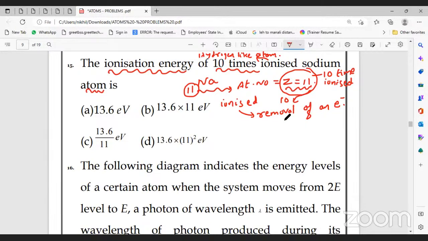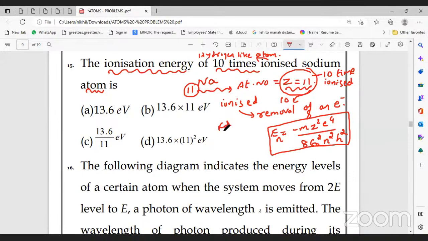According to the Bohr postulates, energy is given by the formula minus m Z squared e to the power 4 divided by 8 epsilon naught squared n squared h squared. This is the energy in the nth orbit of a general atom. For hydrogen atom, energy in the first orbit is minus 13.6 electron volt.